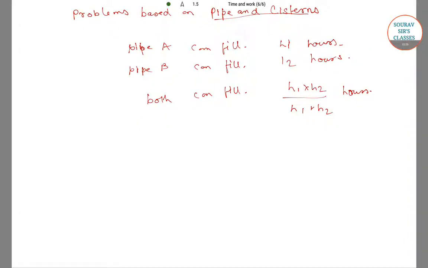However, in this case, not every pipe fills the tank. Some of the pipes can also be present that, instead of filling, empty the tank.